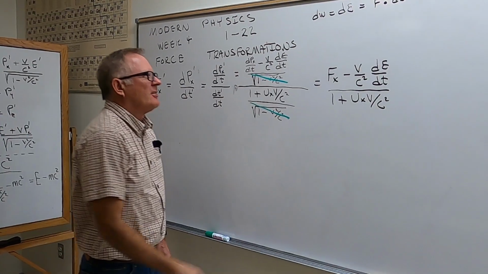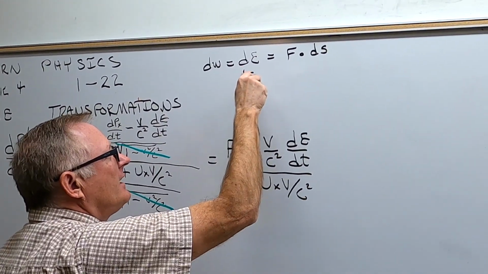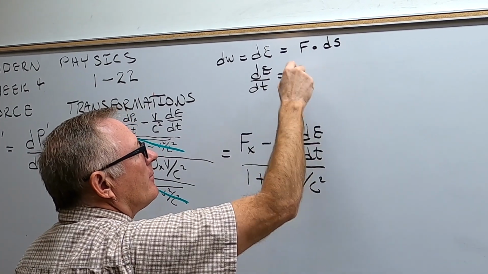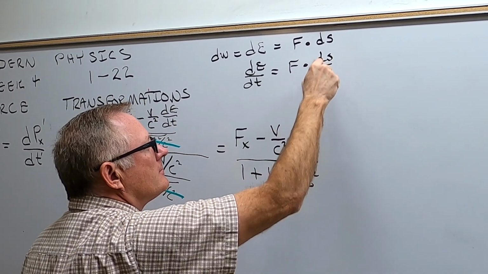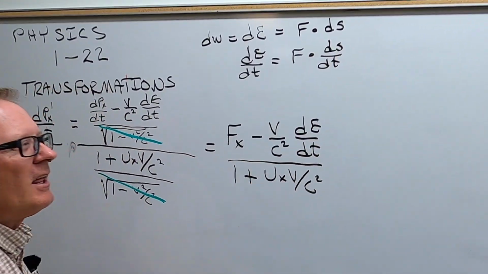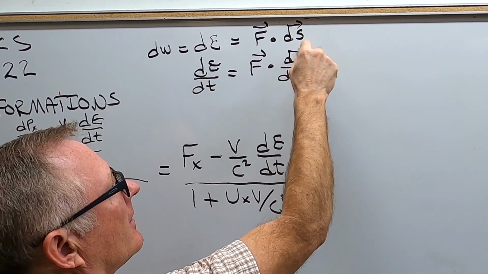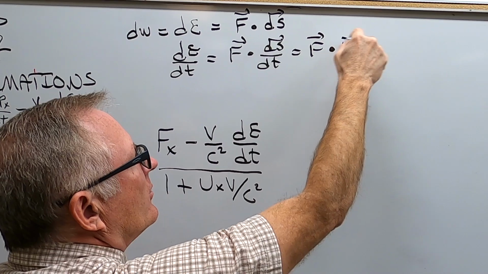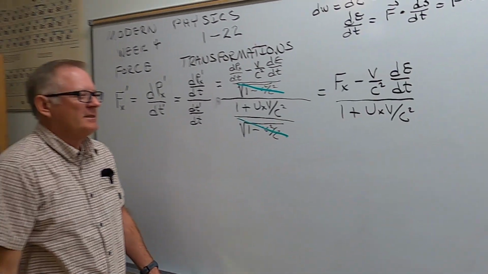And if I just take the derivative with respect to time, the derivative of E with respect to time is F dot ds dt. That's just the velocity. These are vectors. So this is just F dotted with u. It's the definition of power. It's the force dotted with the velocity.